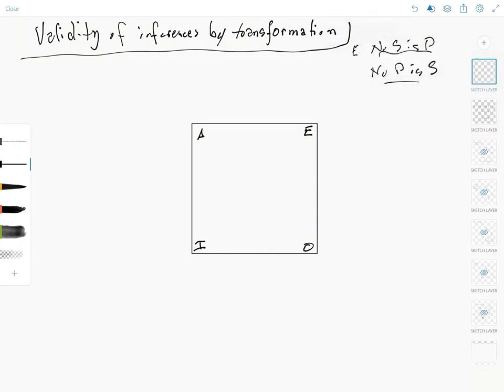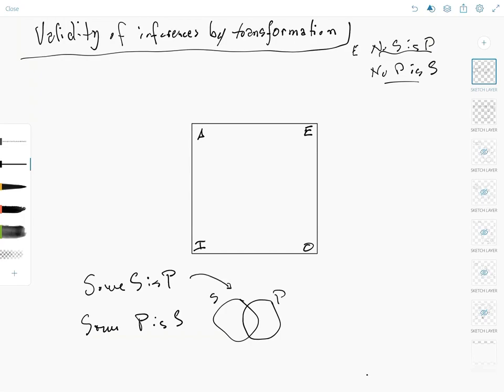So let's do I. What we have is some S is P, and the conversion of that is some P is S. Now, if we diagram the premise, what do we get? Notice we're just diagramming the premise.